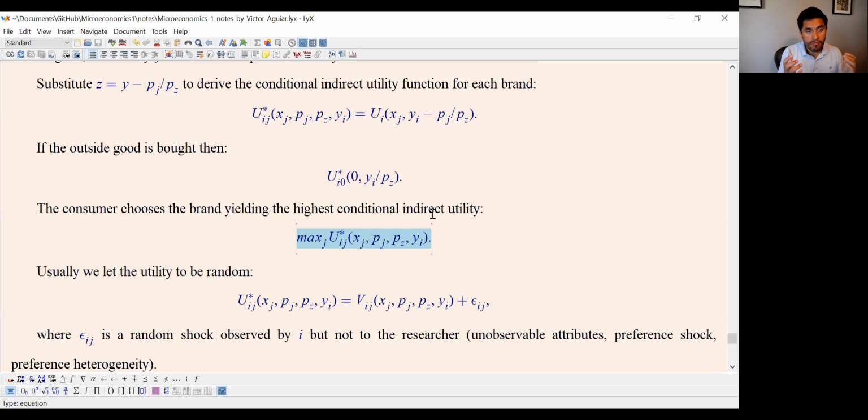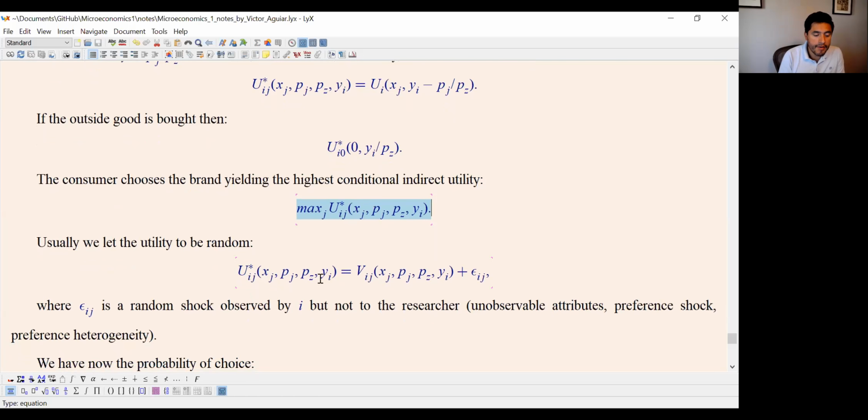Okay. So now we want to model this in a way that allows us to understand the population market share as coming from individual behavior. So the way to do it is to understand this individual decision making, the indirect utility, as being the sum of two objects.